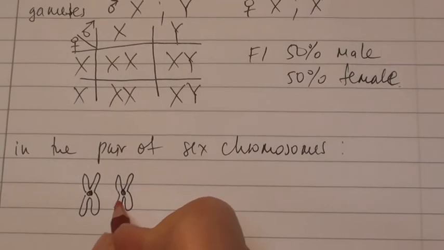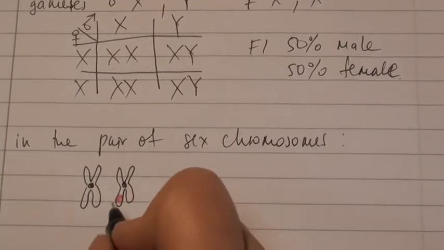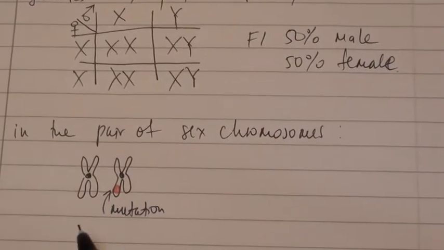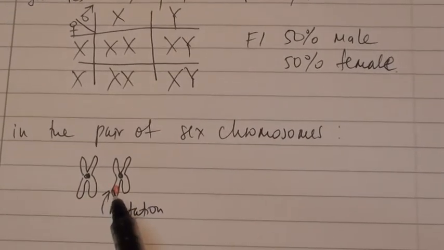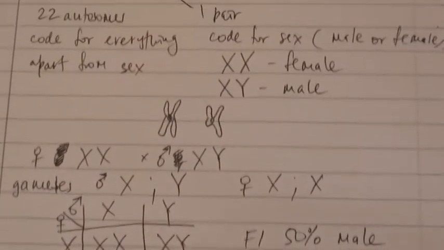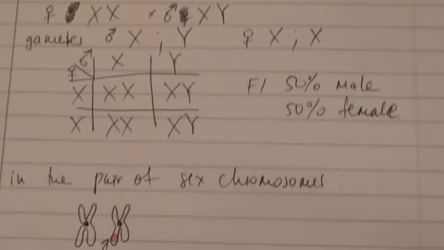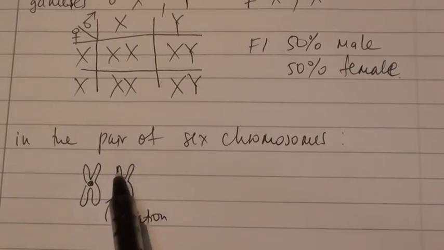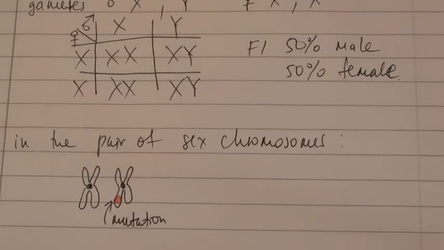So let me highlight it in red. So that mutation is embedded into one of the sex chromosomes, and because it's embedded in a sex chromosome rather than in one of the autosomes, that means that mutation is going to be passed on in the same way as sex. So that's why we're calling it sex linkage, because it's linked to the sex chromosome, embedded in this X chromosome.